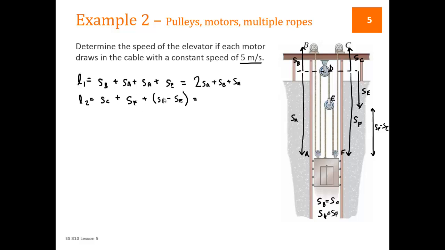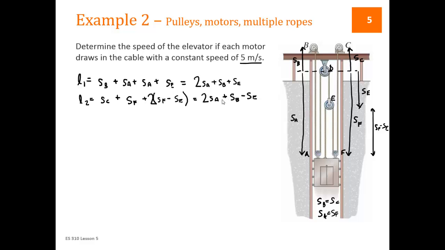So we've got 2 SFs, so 2 SAs, plus SC, which was the same as SB, minus SE. Is that right? Nope, there's one more SE, right? So we have SC, SF, SF minus FE, and then another one of those same lengths. So there should be a 2 here.